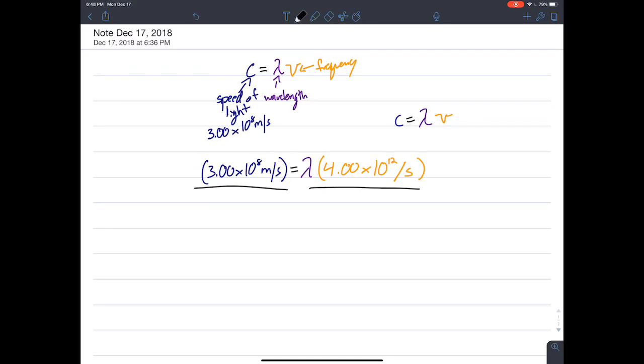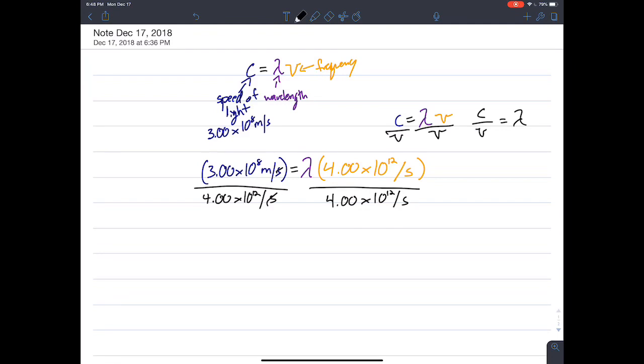Well, all you have to do is divide both sides by v, or by frequency, and then you're going to end up with speed of light over frequency equals wavelength. Okay, so that's all we're going to do here, just now we have numbers. So 4.00 times 10 to the 12th per second, divide both sides by that. Okay, and seconds are going to cancel, so we're going to be left with meters.